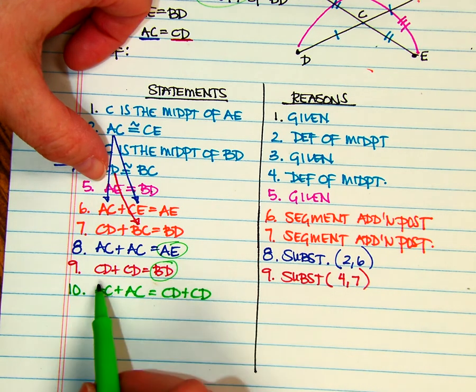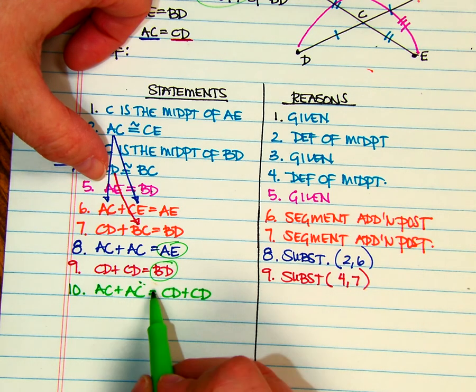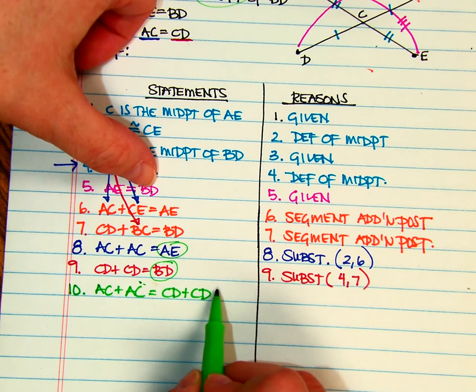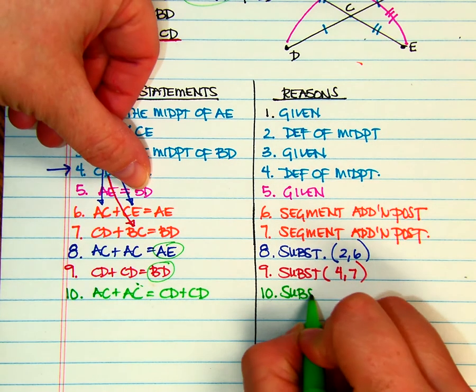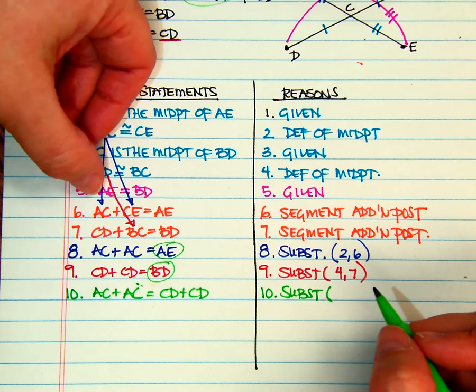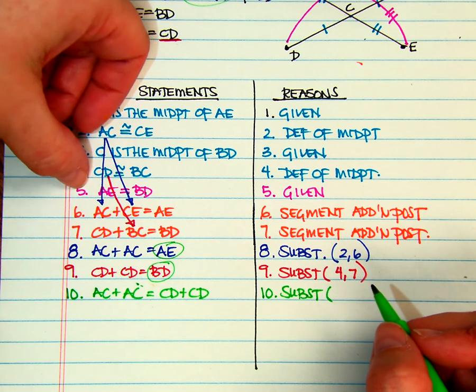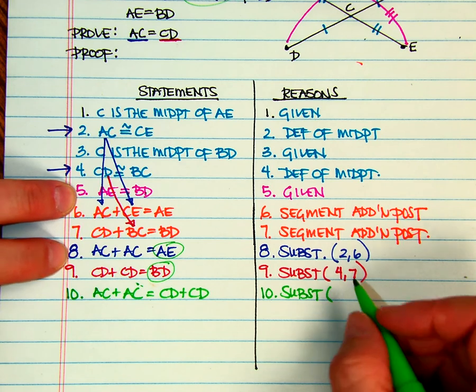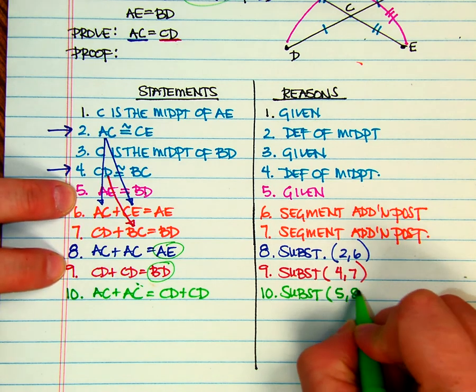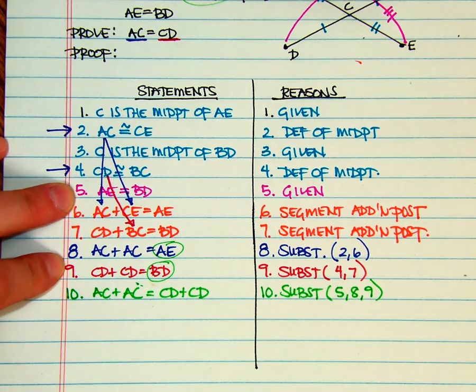Okay, so there's my AE. There's the fact that it's equal to BD, which is right there. And I can do that again by substitution. And I'm looking at 5. So the idea of 5, and I'm putting in 8 and 9. So I'm using 5, 8, and 9. So this proof is getting really long.